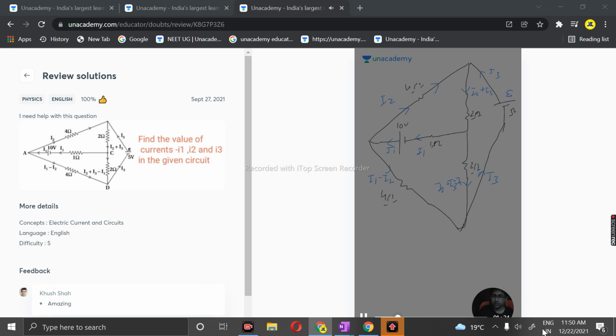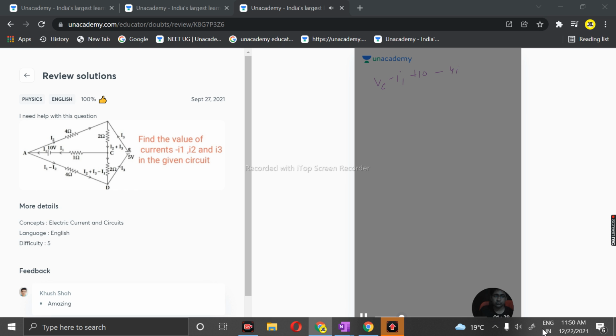Now let's first of all move in this circuit. This is point C. Let's start from point C. Vc minus I1 plus 10 minus 4I2, minus 2 times (I2 plus I3) is equal to Vc. Vc cancels out.